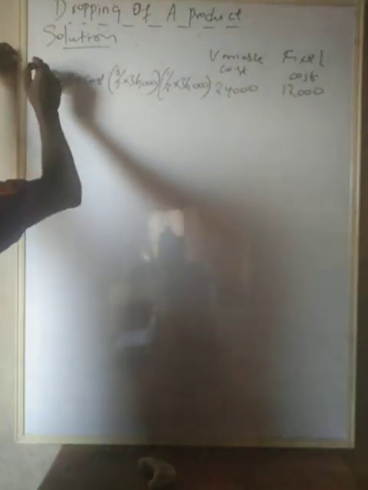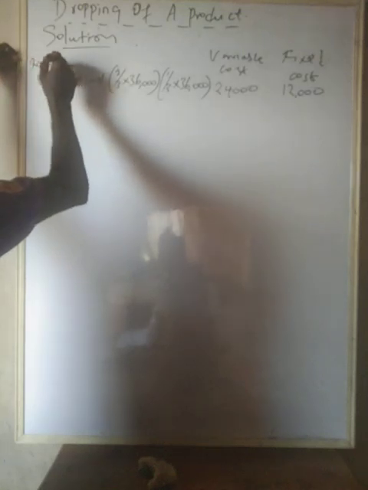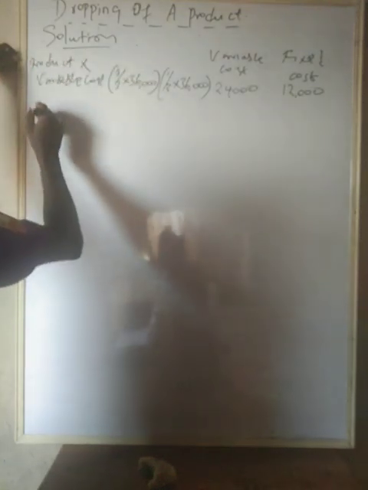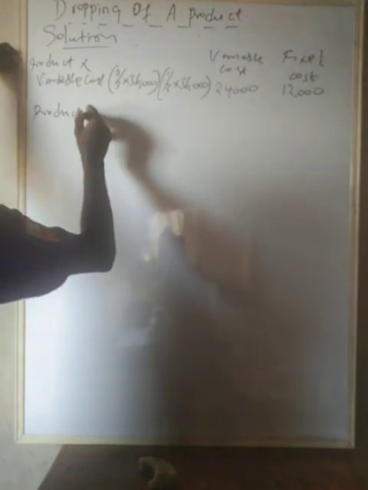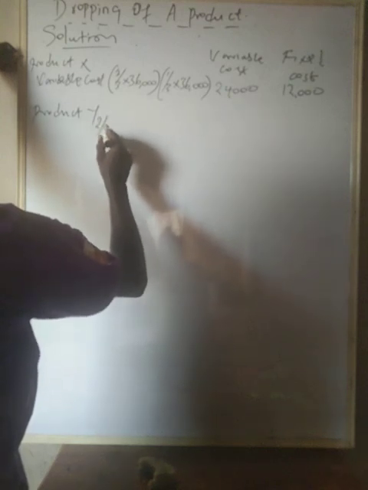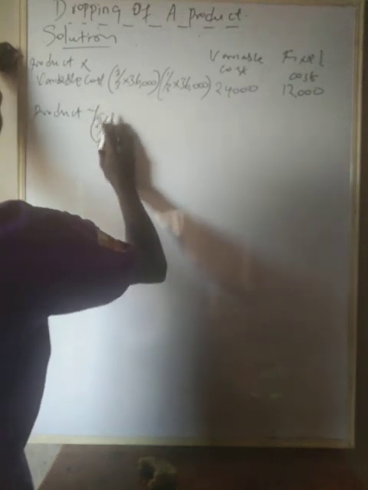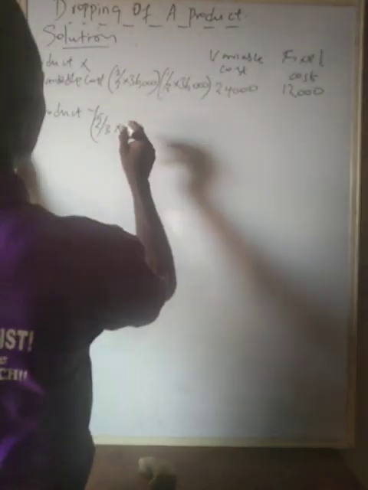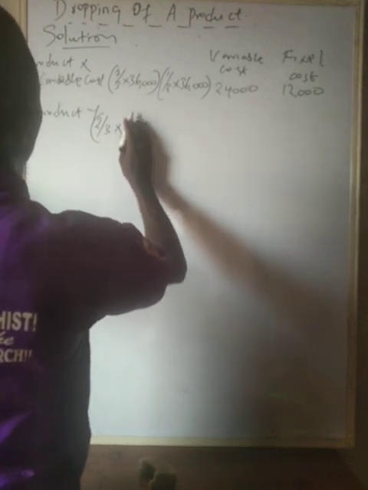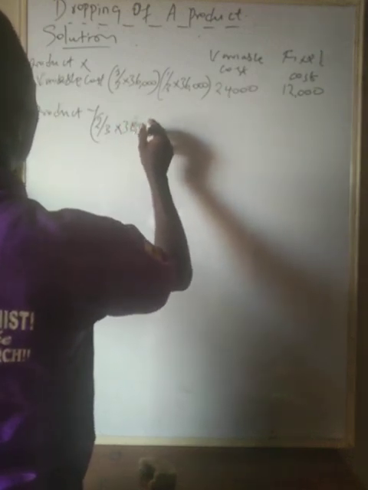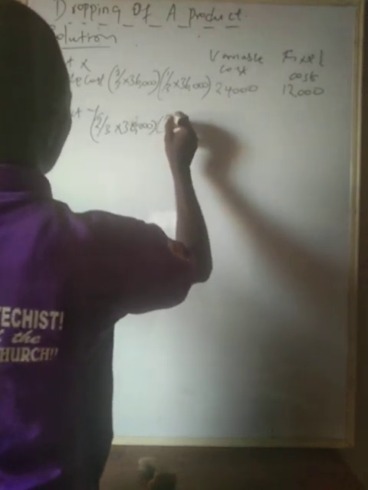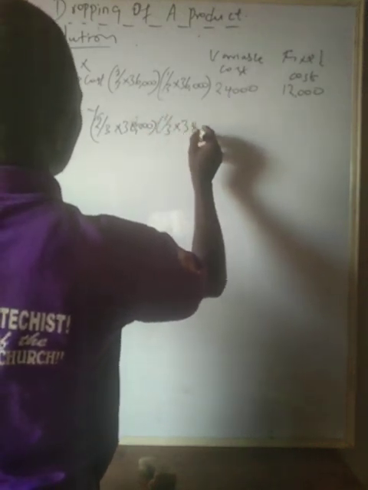This is for product X. Then product Y, you have 2/3 multiplied by 38,000, and then this other one, 1/3 multiplied by 38,000.